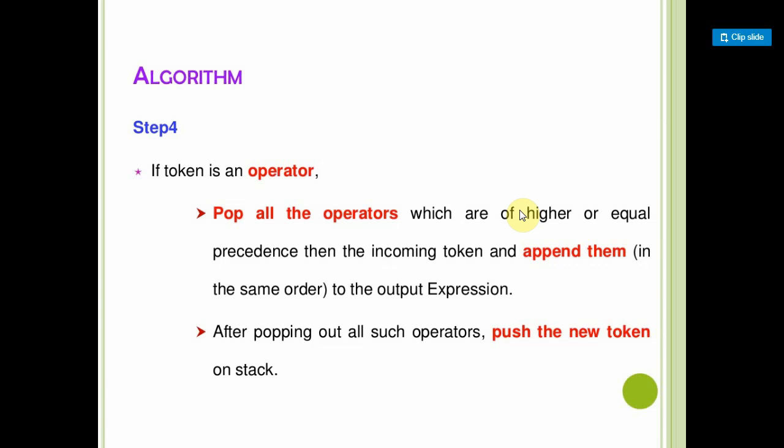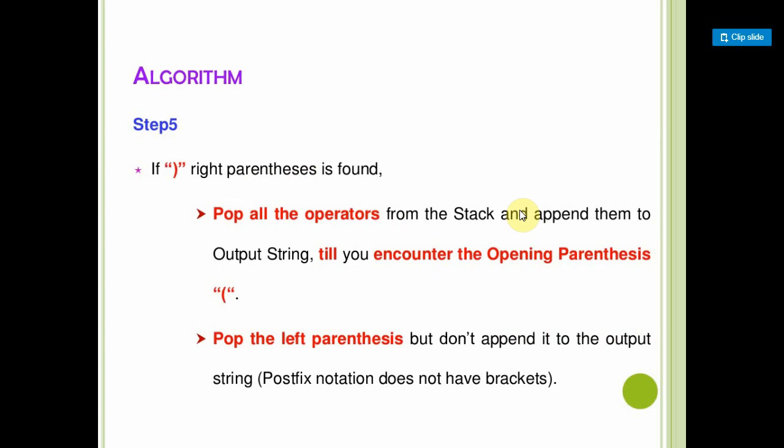After this, at any point of time, if a right parenthesis, meaning a right bracket, is encountered, then you have to pop all operators from the stack and append them to the output postfix expression until you find the left parenthesis.